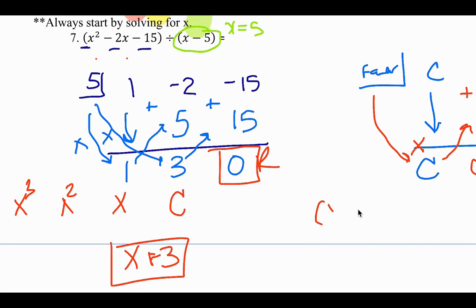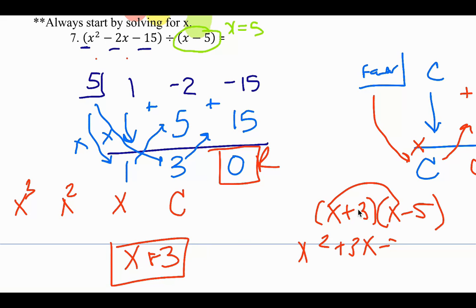And if we wanted to check that, we could do x plus 3 times x minus 5, and it FOILs out to x squared plus 3x minus 5x minus 15. Combine like terms, and we get what we started with.